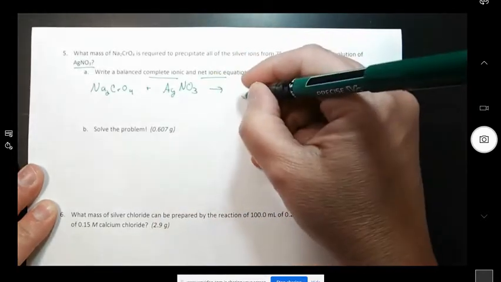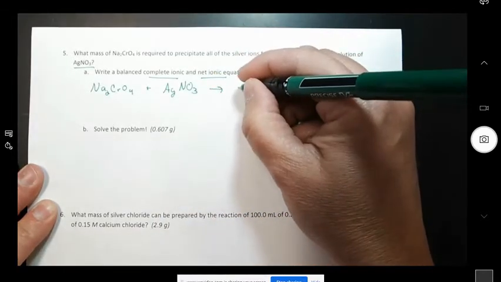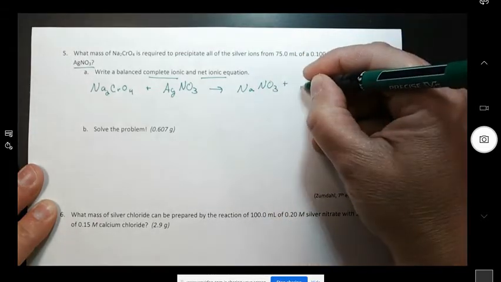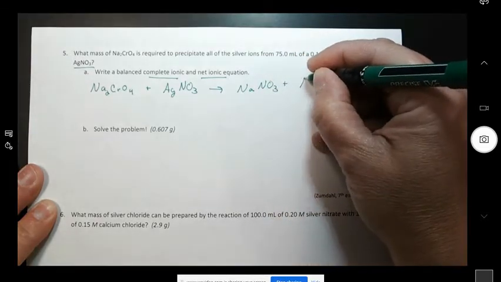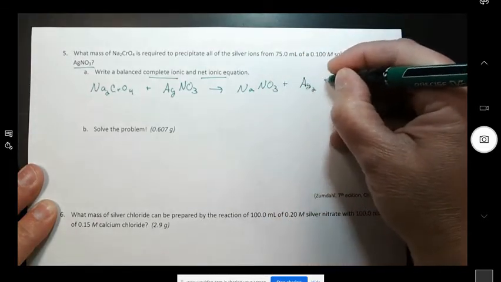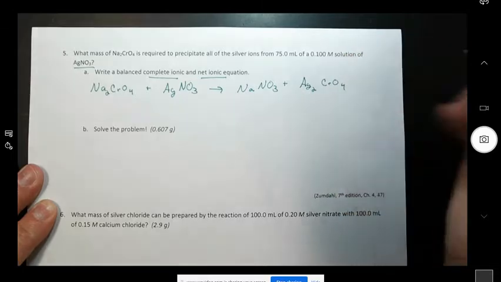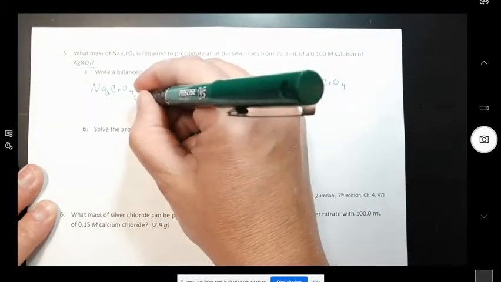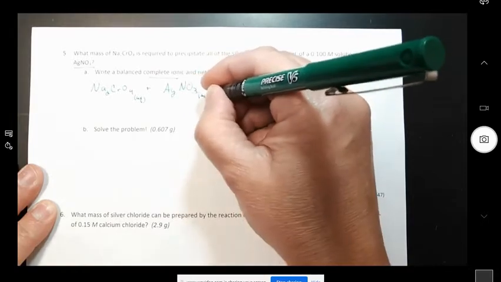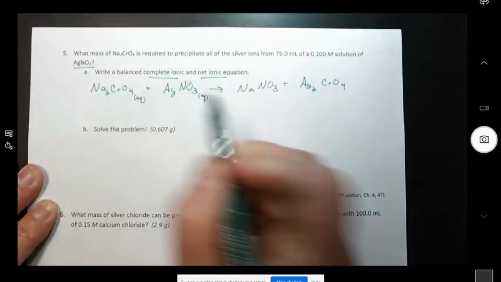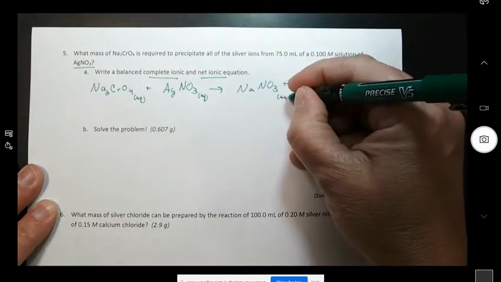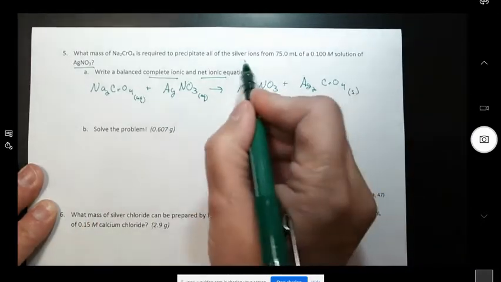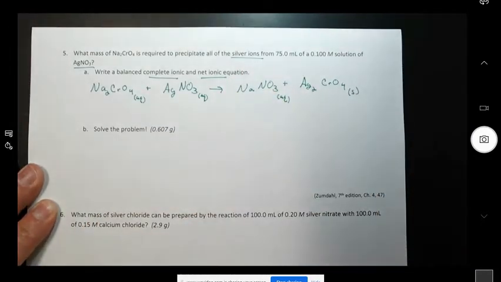And our products are going to be NaNO3 and silver chromate, Ag2CrO4. Okay, so assuming all of these are in water, our spectator ions are going to be sodium and nitrate. So that's our precipitate. And we're precipitating out all the silver ions.